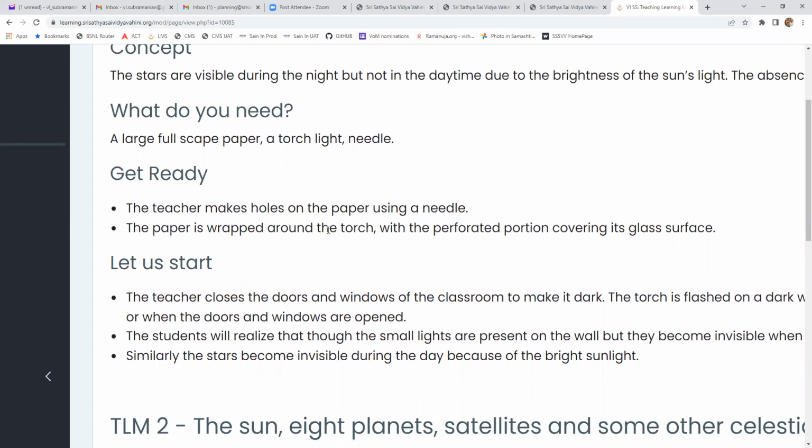The paper is wrapped around the torch with the perforated portion covering its glass surface. So basically, the glass portion of the torch from where the light comes out, you are going to cover it with the paper with small holes poked on it so that it is not fully visible, right?